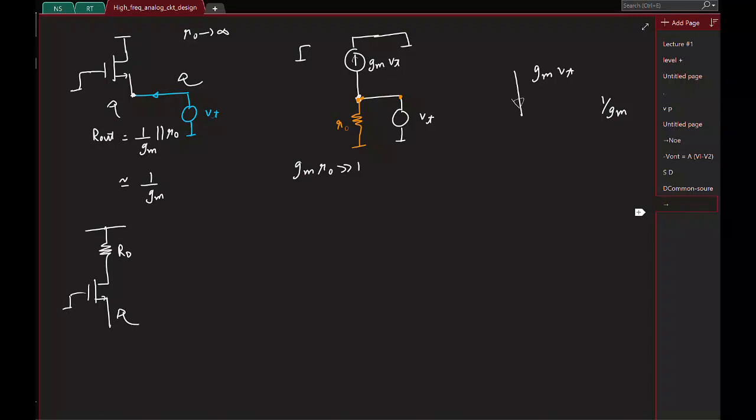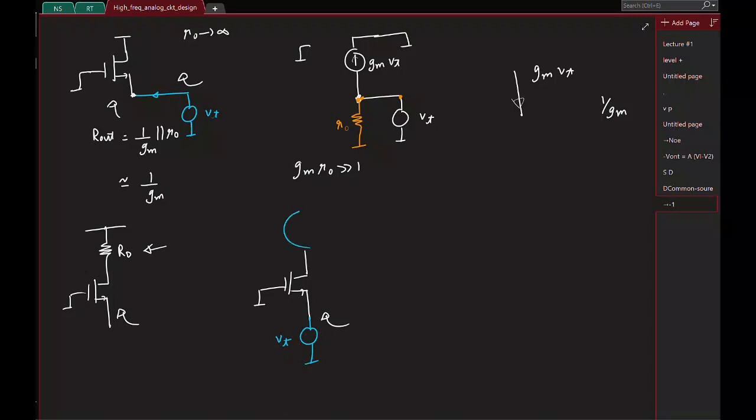drain. This is simply because, let's say instead of RD you have a current source. So what is the incremental impedance of a current source? Infinite. That basically means we have an infinite RD. Now if I try to find the impedance looking into the source, I'll again apply an incremental test voltage here.